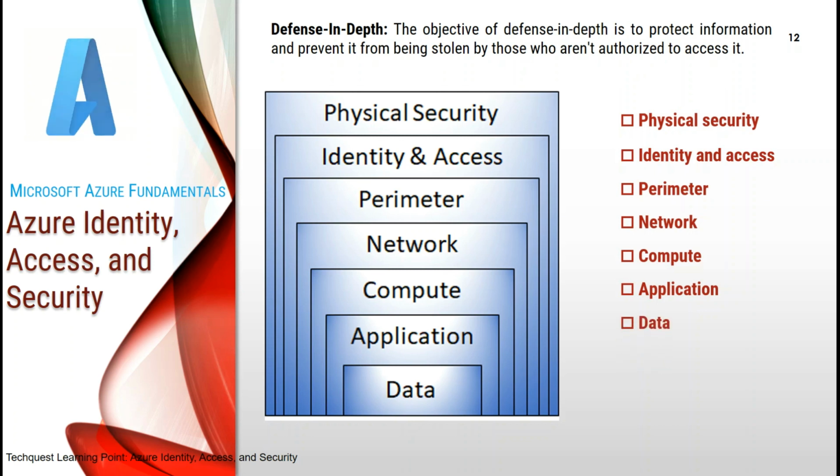Data. Those who store and control access to data are responsible for ensuring that it's properly secured. Often, regulatory requirements dictate the controls and processes that must be in place to ensure the confidentiality, integrity, and availability of the data.